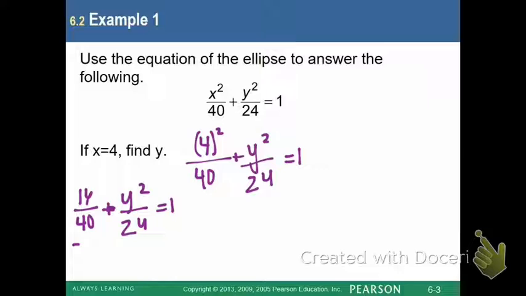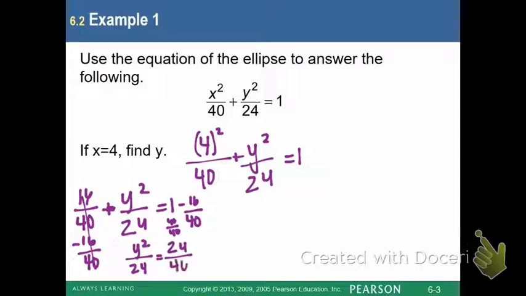I went ahead and subtracted, and that gives me y squared over 24 equals, so this would be like 40 over 40 if I change that 1. So then when I subtract, I get 24 over 40.